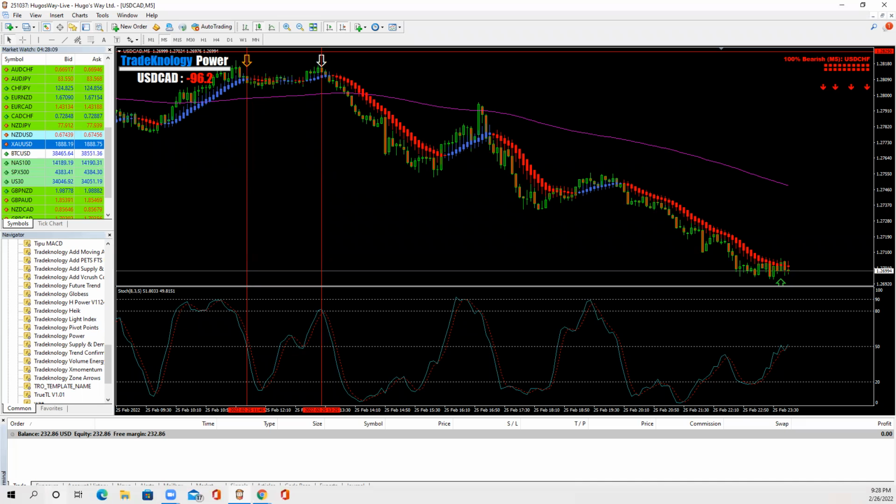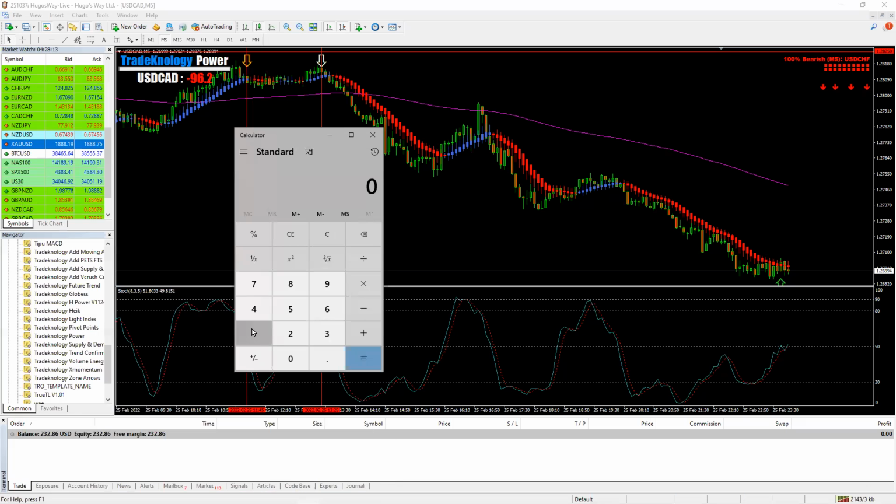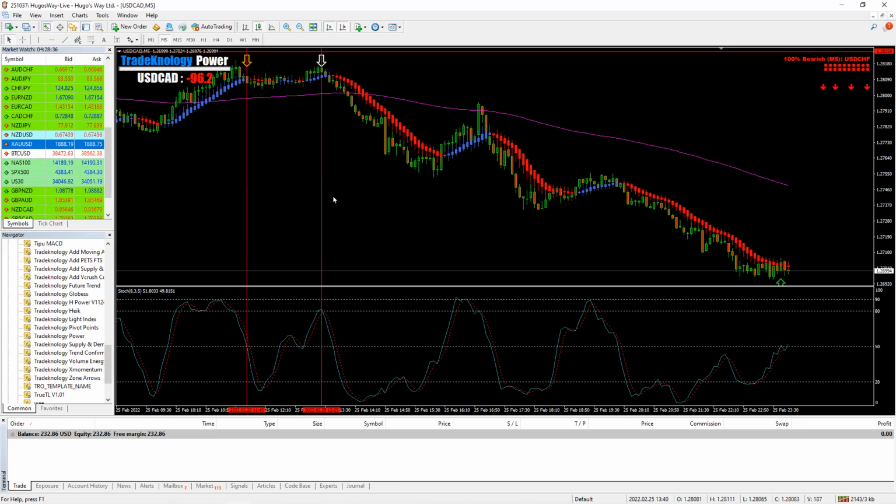So that is 131 times 5, which is 655 minutes, divided by 60. That's about 10 hours. And if you went ahead and made 100 pips, and that's a standard lot, that's $1,000 in 10 hours. Not bad, right?